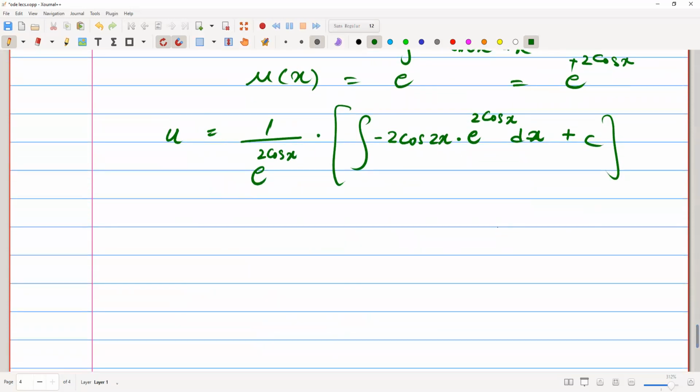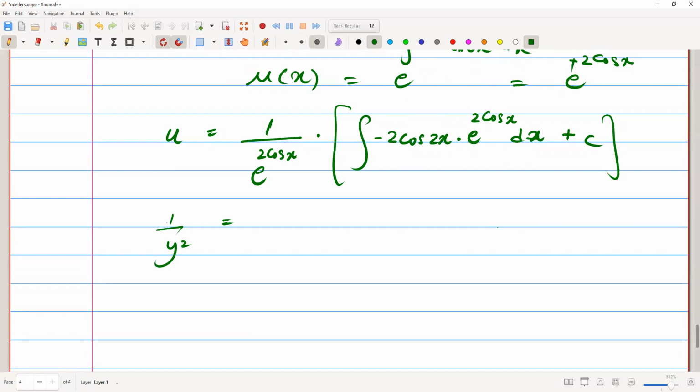So now we just need to integrate this function to find the solution, but we can see that this integral cannot be evaluated analytically.